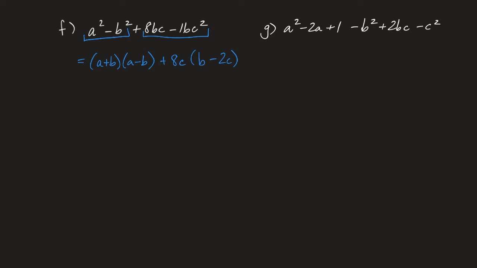Like nothing? Why? What's wrong with that? And we need to clarify together why that is not factored at all. Now, the hard part is you might go, but it is factored. Look, I factored. And I need to be very clear here that what you've done is you factored parts, but you didn't factor the expression.